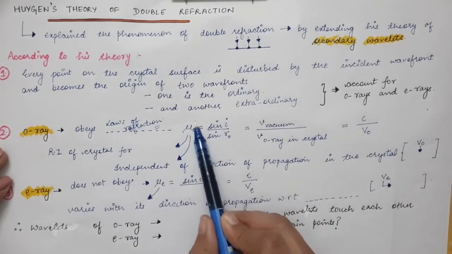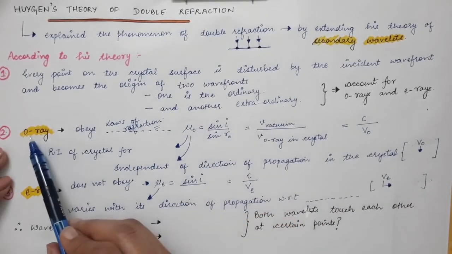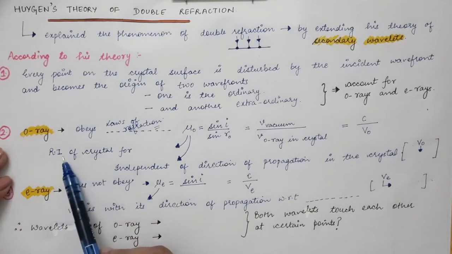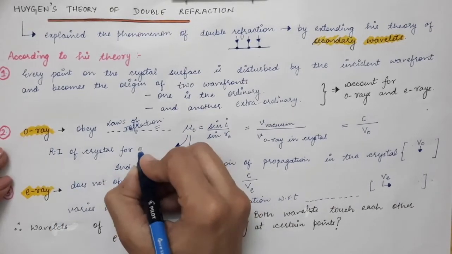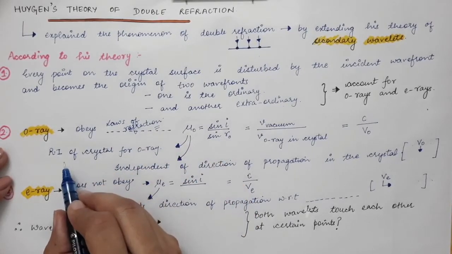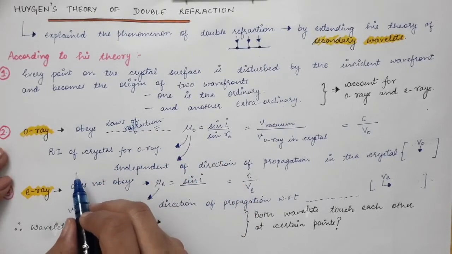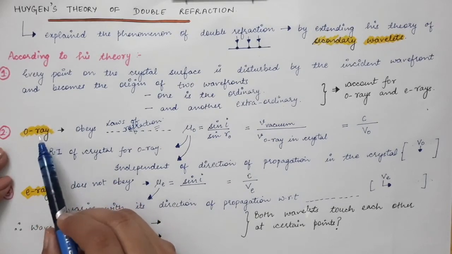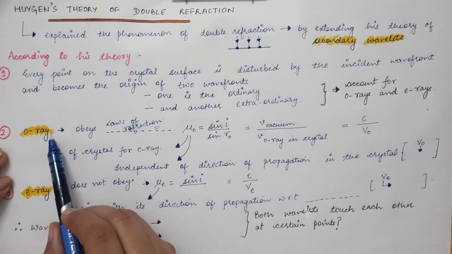This refractive index experienced by the O-ray is independent of the direction of propagation of the O-ray in the crystal, because the O-ray behaves like an ordinary ray and its speed is the same in all directions inside the double refracting material.